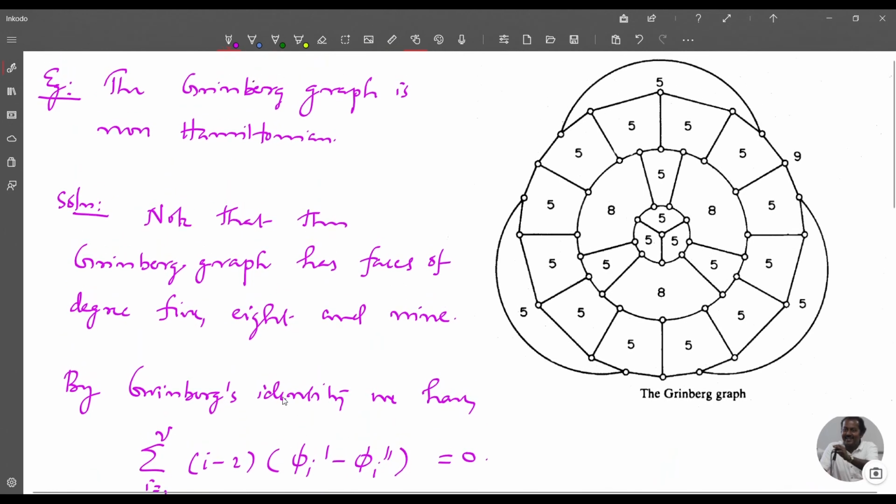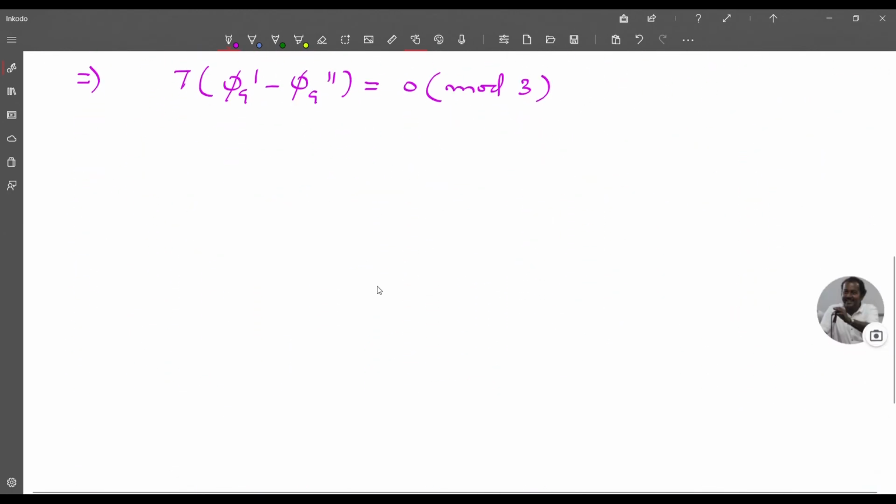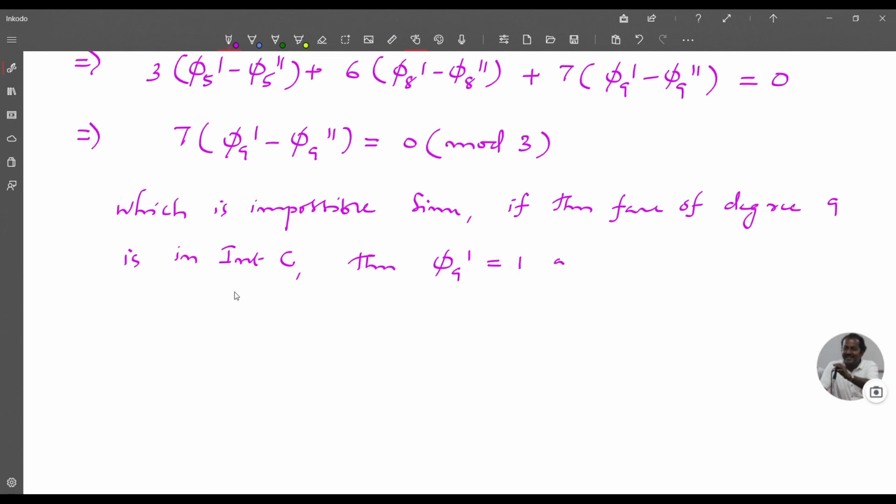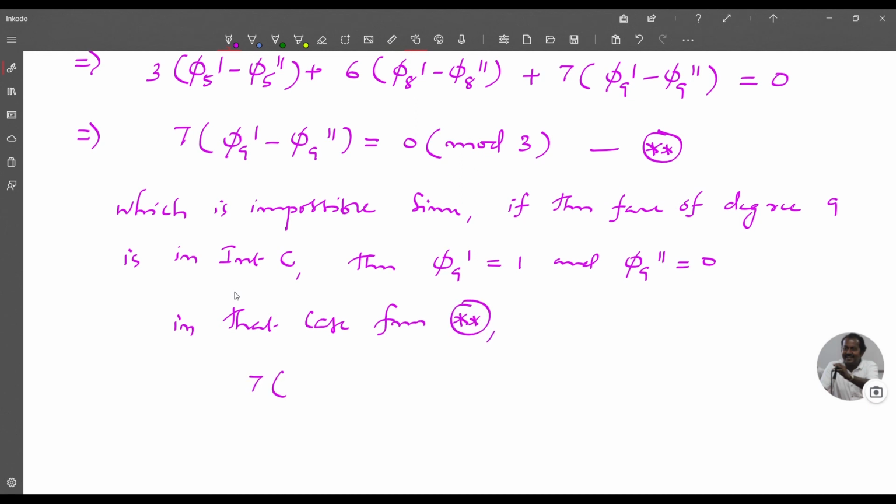So this proves the Grinberg graph is not Hamiltonian. If it was Hamiltonian, this must be equal to 0 mod 3, which is impossible. If the face of degree 9 is in the interior of C, then φ_9' is 1 and φ_9'' is 0. So in that case, from this equation, double star, 7 times (1 minus 0) is equal to 0 mod 3.